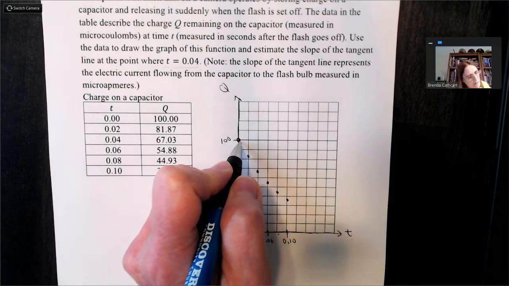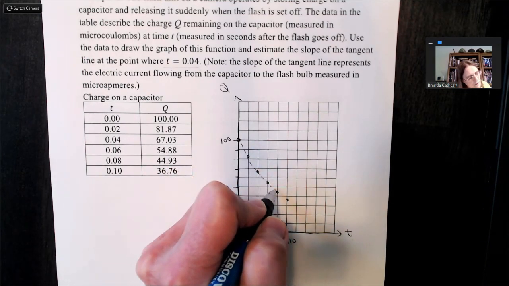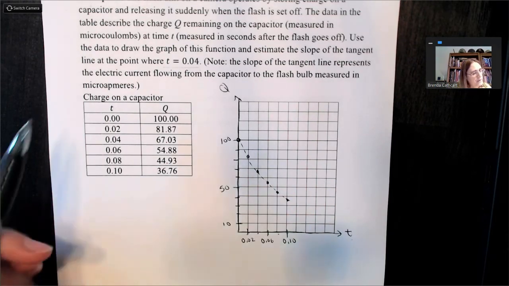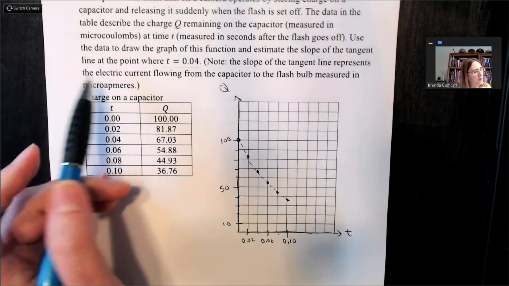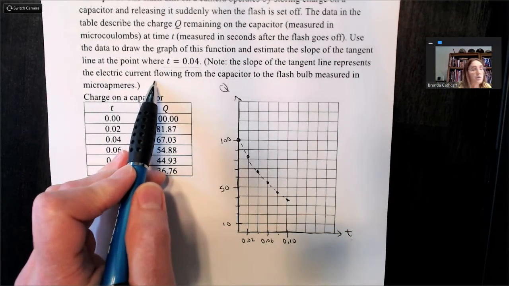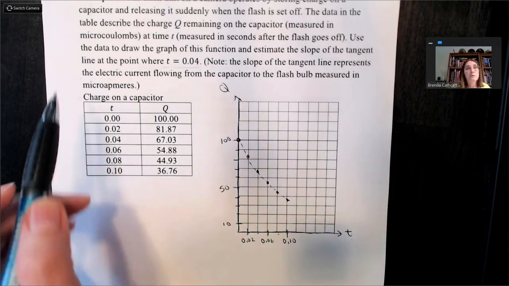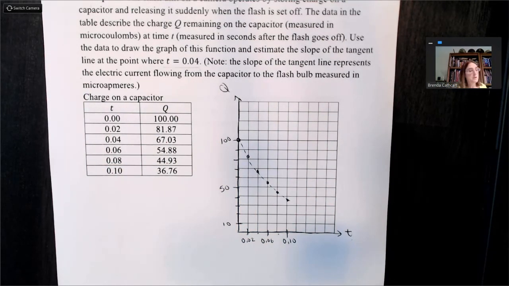These points are not quite in a straight line. They do curve very slightly. And note that the slope of the tangent line is going to represent the current flowing from the capacitor to the flash bulb measured in microamperes. That is, it's going to be in microcoulombs per second.